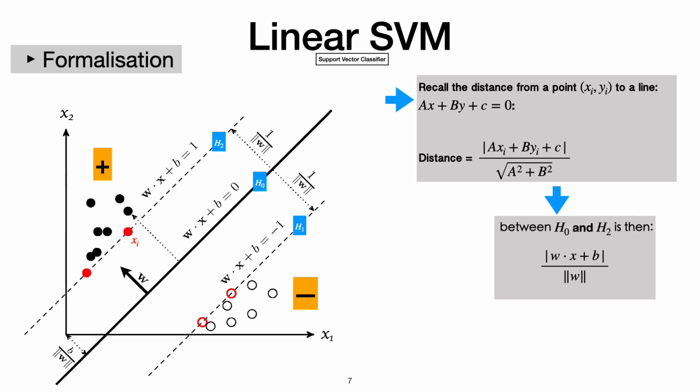And so now suppose that we choose the scale so that the nearest point to the hyperplane, xi in this case, satisfies W transpose x plus bias equals 1, then we can have the closest distance to the discriminator, with the support vector, being 1 over the norm of W.